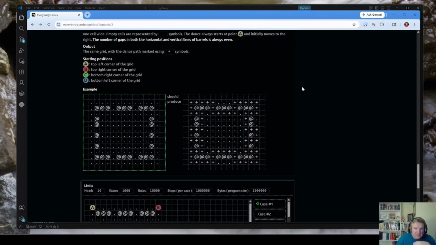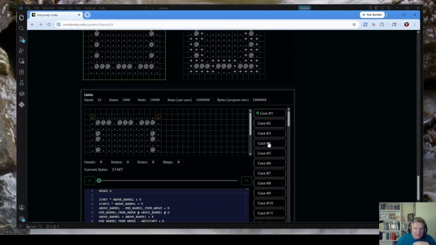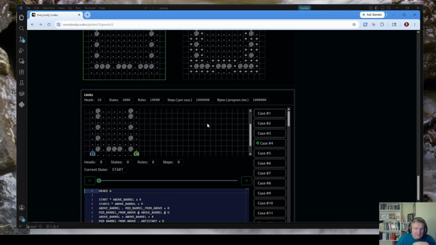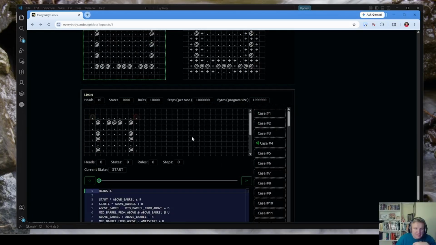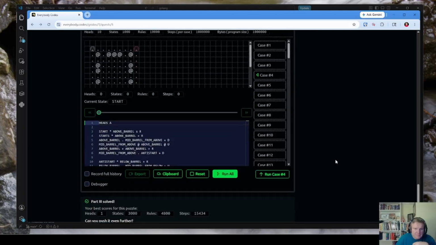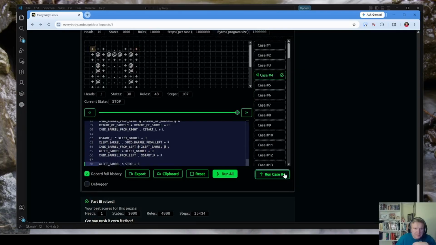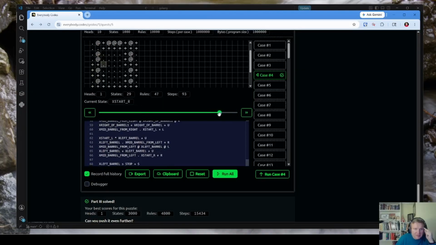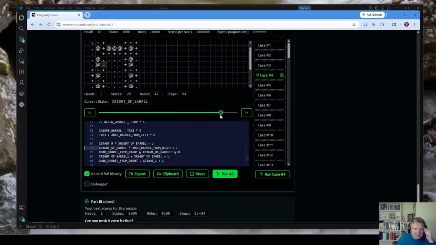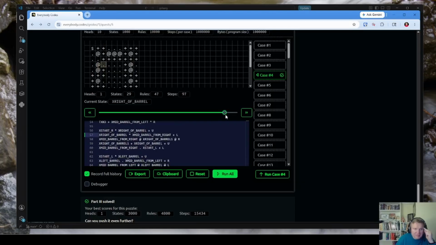Now this thing that happened at the end here with case 4 was kind of interesting. I've got it set so that when it hits the S, it stops. But here it hits a plus sign.